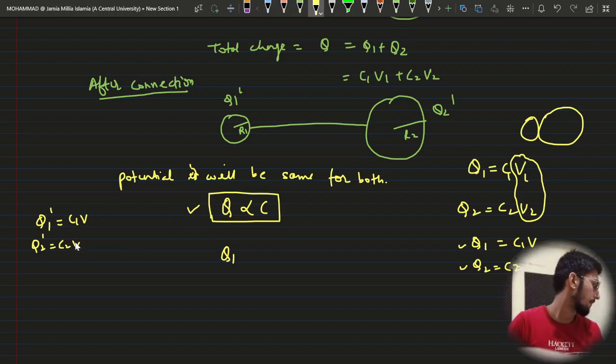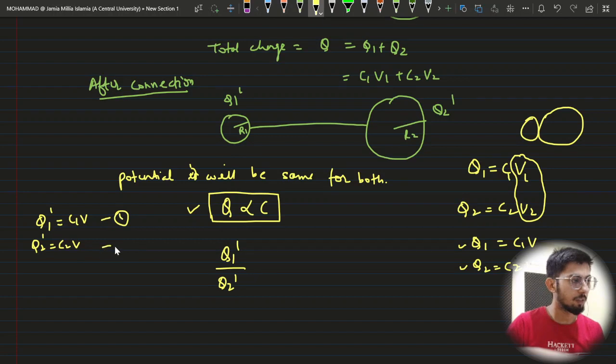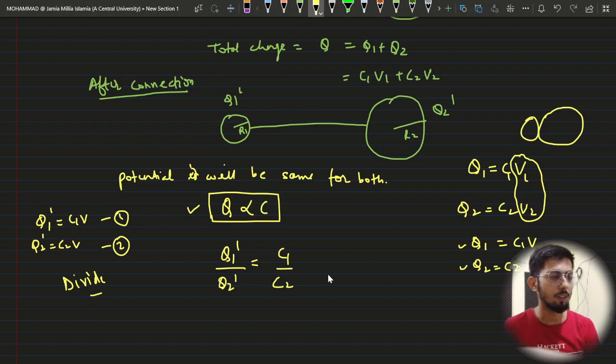So Q1 dash upon Q2 dash, if we divide both equations, would be equal to C1 by C2, and that further will be equal to R1 by R2.